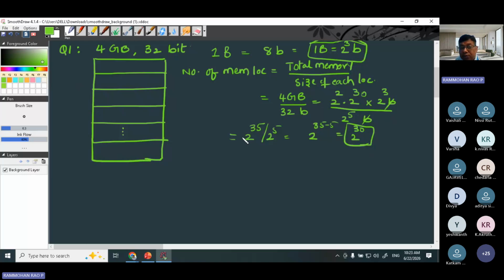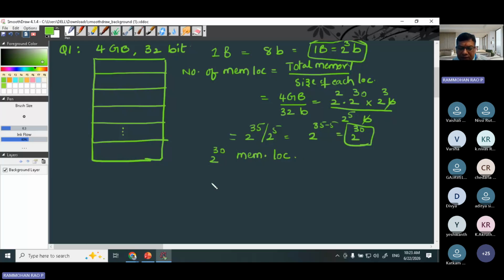And for every memory location, I should give a unique binary address. What do you mean by that? I need to generate unique binary codes for every memory location. We have 2 power 30 memory locations, as we just calculated.